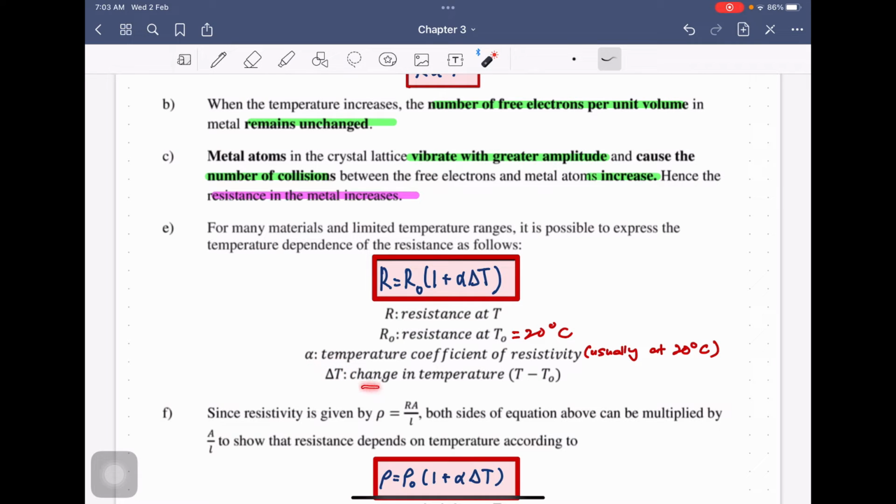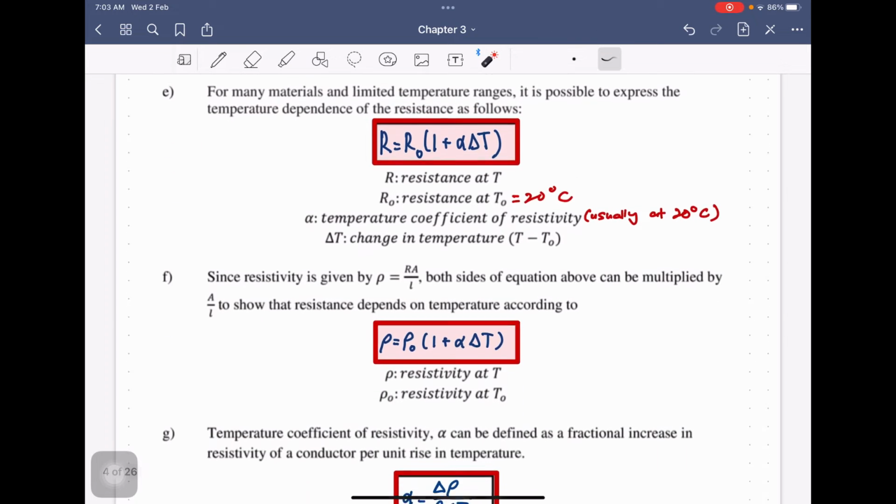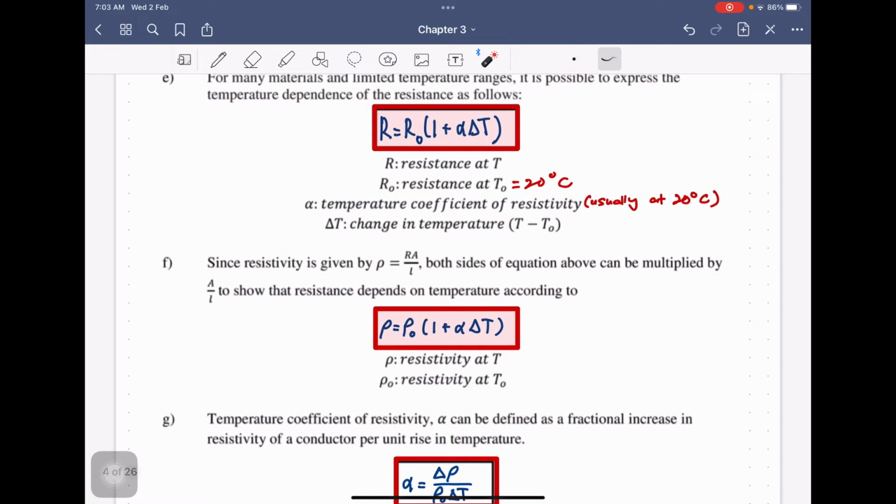Macam biasa, delta T is a change in temperature which is T final tolak dengan T initial. Okay, since resistivity is given by this equation, rho sama dengan RA over L, so kita juga boleh write equation resistivity sama dengan rho naught (1 plus alpha delta T). Okay, so this one is a final resistivity at T final and this one adalah initial resistivity at T naught.